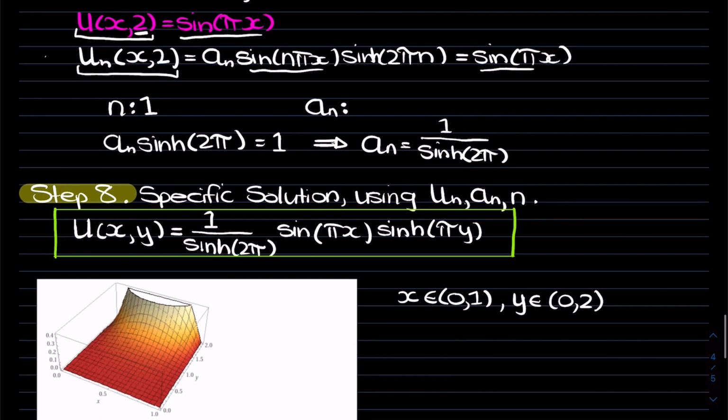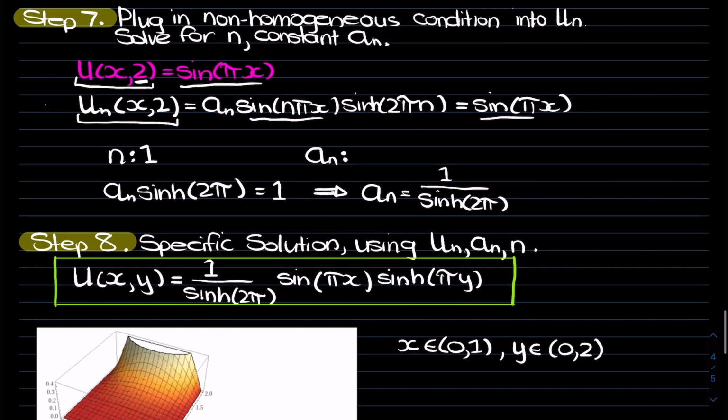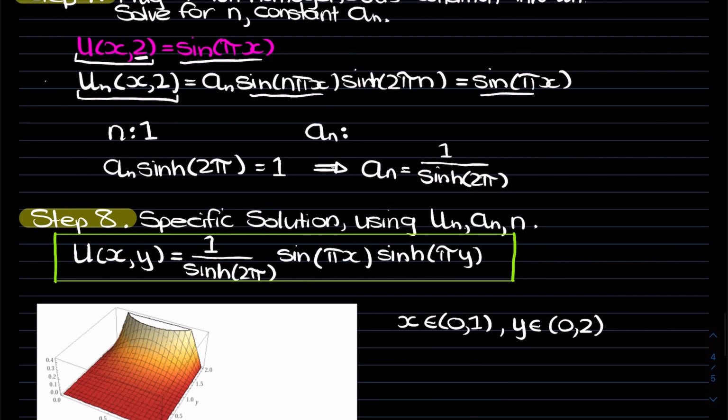So in order to do that, we need to do step 7, which was to plug in the non-homogeneous condition into our u of n, and we needed to solve for n and our constant, which we called a of n.